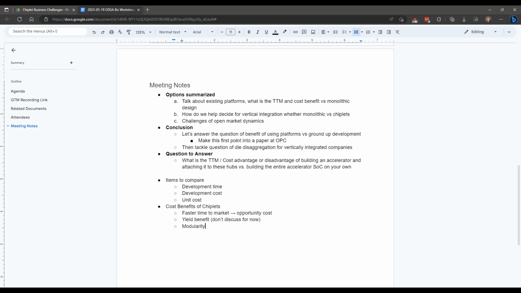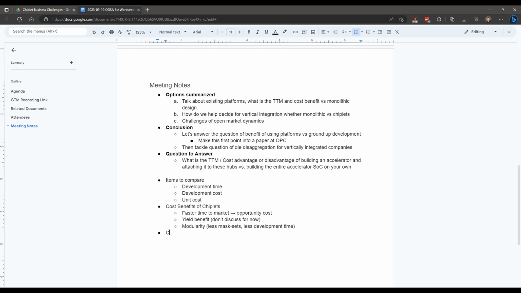The third is, we have two companies that are producing sort of reference architectures, reference hubs. And the question is, if you're a newco, can you make a case that your first generation product should be based on this hub rather than building the entire product on your own?